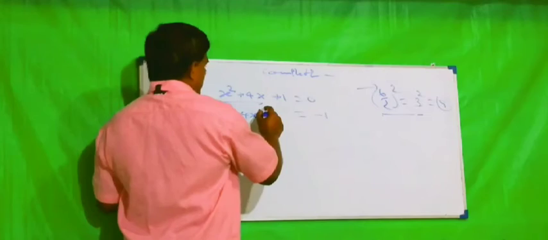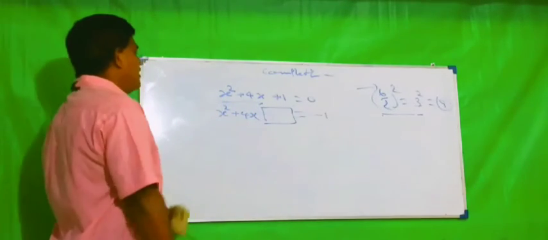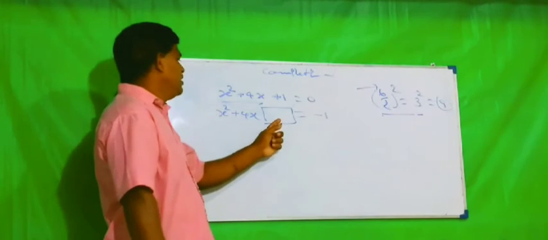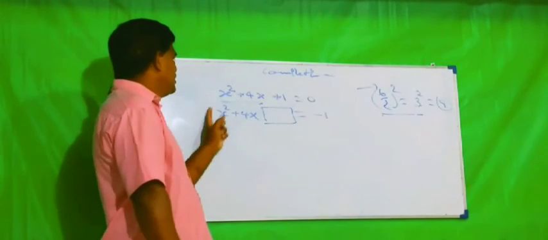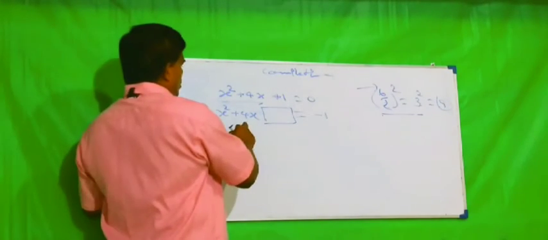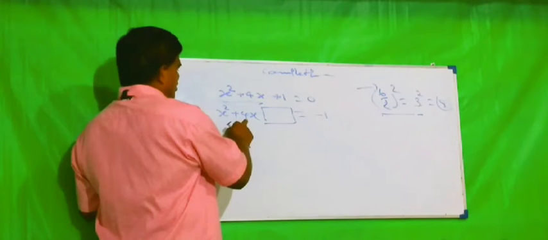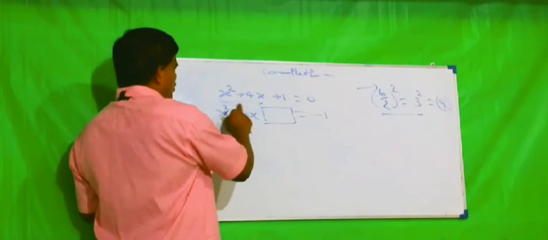Then the suitable term should be added to this side so as to make the complete square. So now we discuss it. Take half of the coefficient, it is 2.